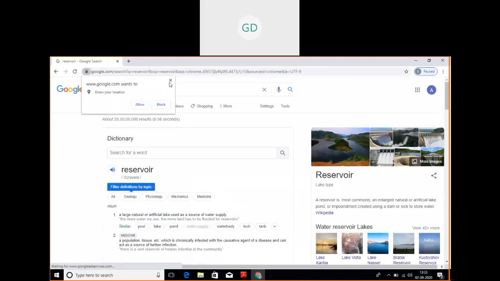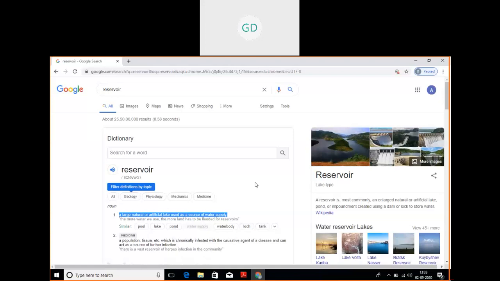If you search in Google about reservoir, what it says: a large natural or artificial lake used as a source of water supply. You can understand the sentence, right?